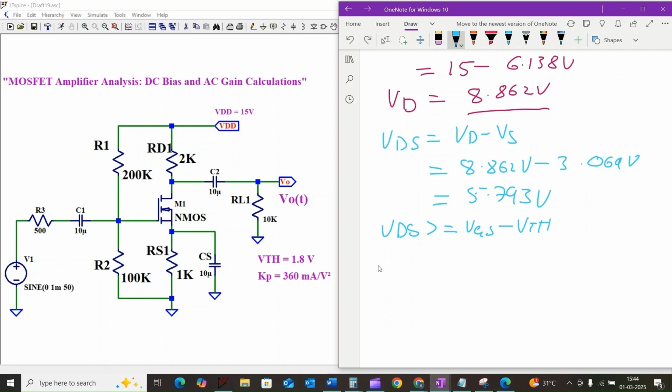We know that the value of VDS, 5.793 volt, is greater than or equal to 1.931 volt minus 1.8 volt.